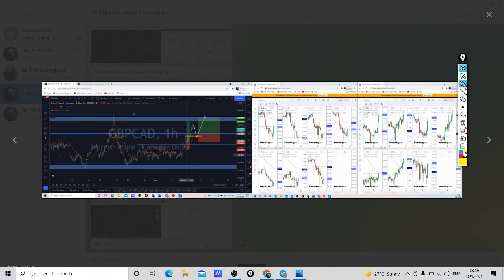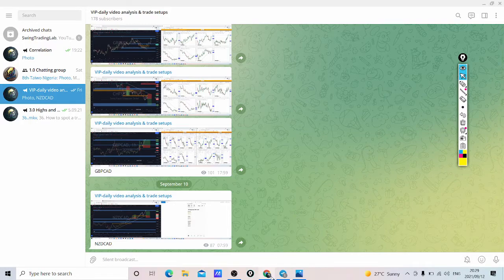I've seen that most of the CAD pairs were selling, and then GBP pairs were buying. So if we combine those two, you are going to get a clear push to the upside. So I was expecting a clear push, and the market respected our setup.